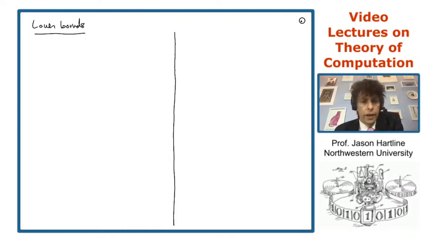Just like we use big O notation to give asymptotic upper bounds on the amount of a resource that a computation may take, we'll define big omega notation to give asymptotic lower bounds.